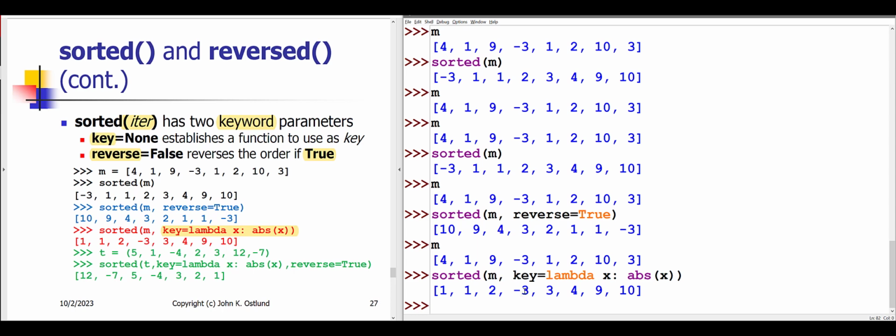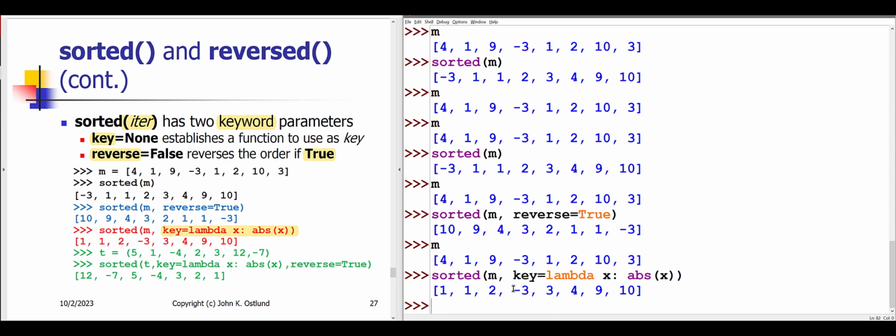So the minus 3 was sorted according to its absolute value. Now, I do want to mention, in the result here, minus 3 is not coming out ahead of 3 because minus 3 is less than 3. Minus 3 is coming out ahead of 3 because minus 3 occurs earlier in M than 3 does.